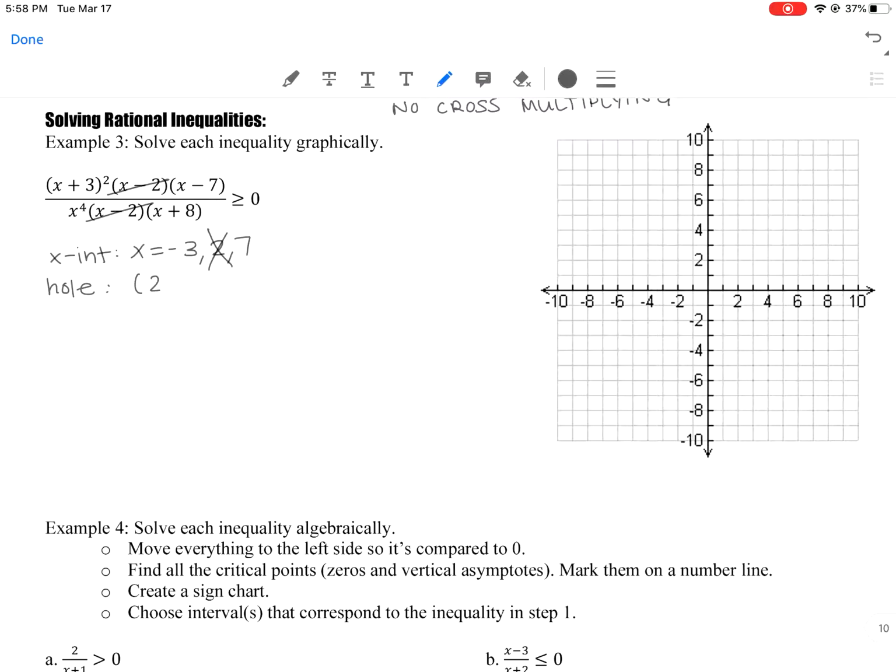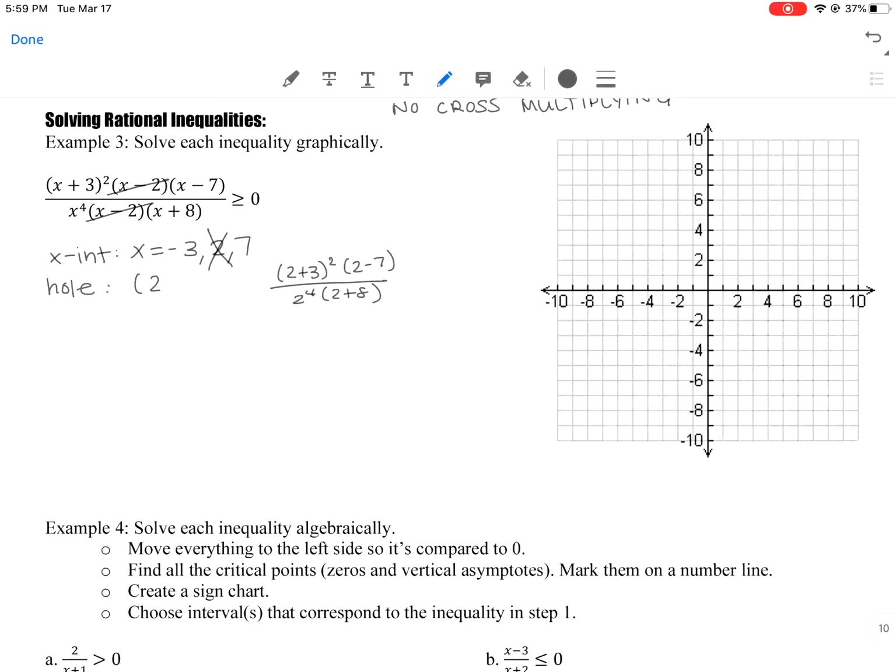And then remember, if you plug 2 into the simplified equation, 2 plus 3 squared times 2 minus 7, all over 2 to the 4th times 2 plus 8, we can get the y value of that hole, which, I'll be quite frank, I don't know. 5 squared is 25 times negative 5, all divided by 2 to the 4th, which is 16, times 10.